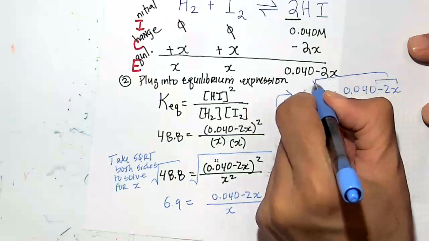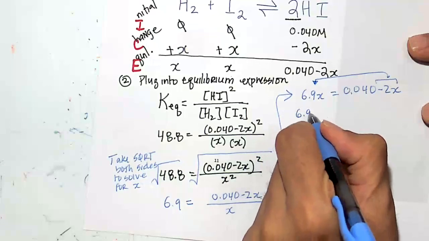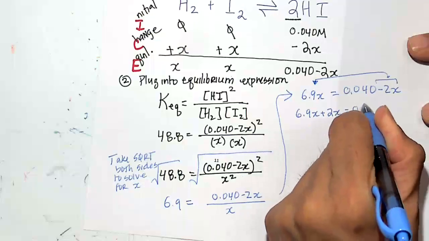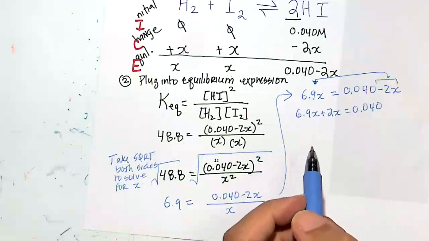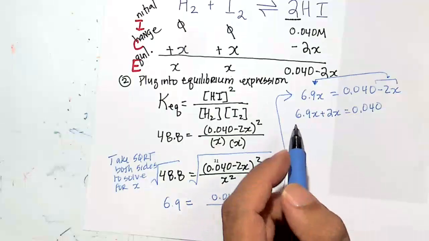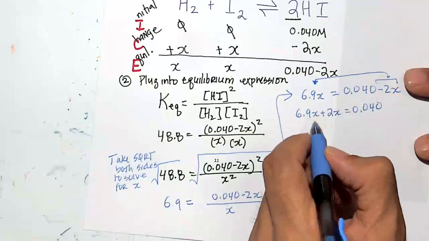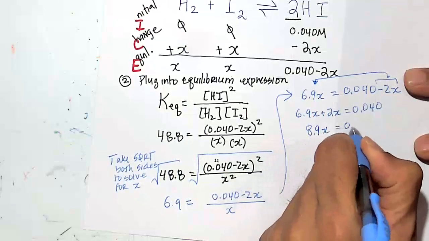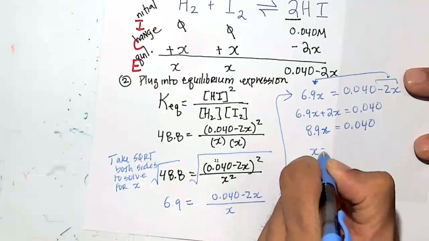I'm going to move the minus 2x to this side of the equation. Everyone okay with the algebra? This is algebra, not chemistry. 6.9 plus 2 is 8.9x equals 0.040.